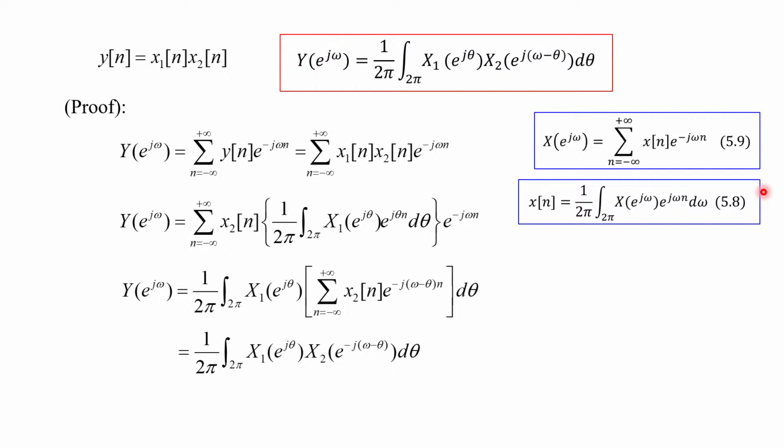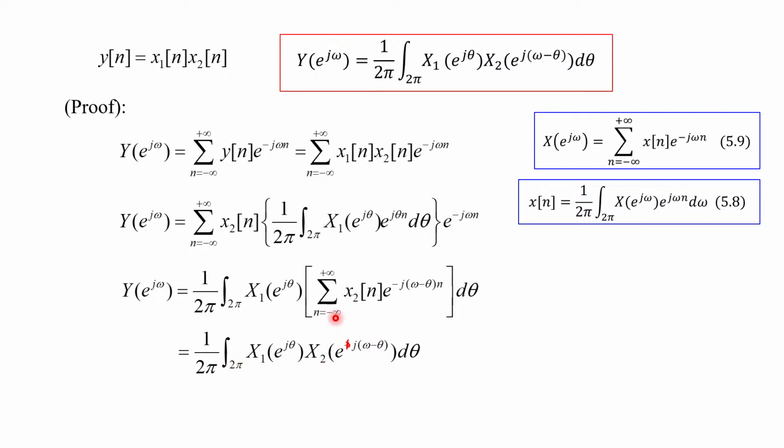So we make a mistake here. And so it should be plus here to match the equation up here. So instead of omega, we have omega minus theta. So it should be x2 e to the j omega minus theta, like this thing.